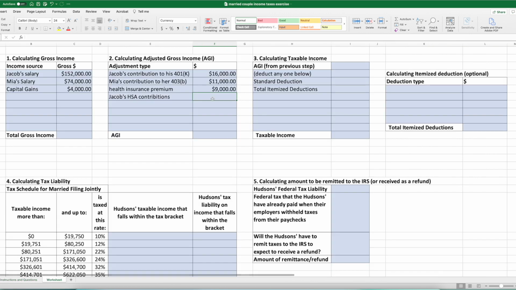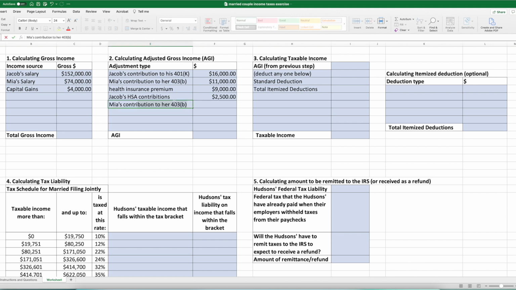So Jacob's contribution was 2,500. Mia's contribution was also 2,500. Okay, let's see what else they can deduct above the line.